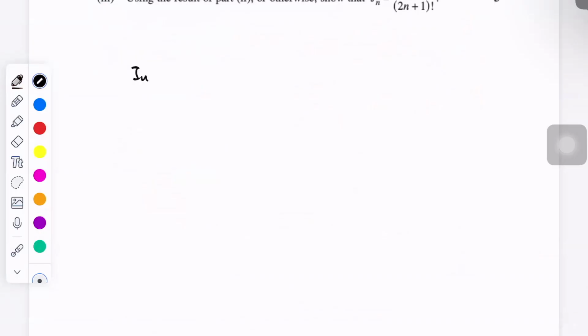Okay, so in part 2, we know that In is 2 to the power of 2n, and then (n factorial) squared over (2n plus 1) factorial.